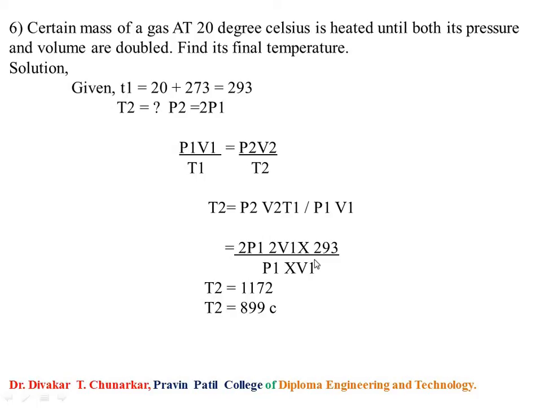P1 V1 get cancelled and we get the value of T2 as 1172. Actual value, we have to subtract 273 from this value. So we get the actual value T2 equal to 899 degrees Celsius. So this is the value of the final temperature.